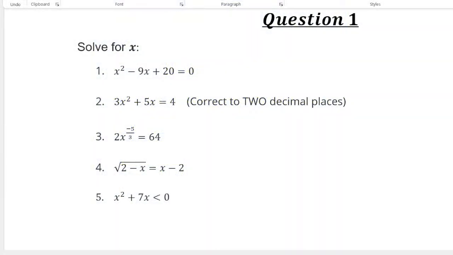So we have question 1. We have these 5 questions. Solve for x. Number 1, x squared minus 9x plus 20 is equal to 0. Number 2, 3x squared plus 5x is equal to 4, correct to 2 decimal places.